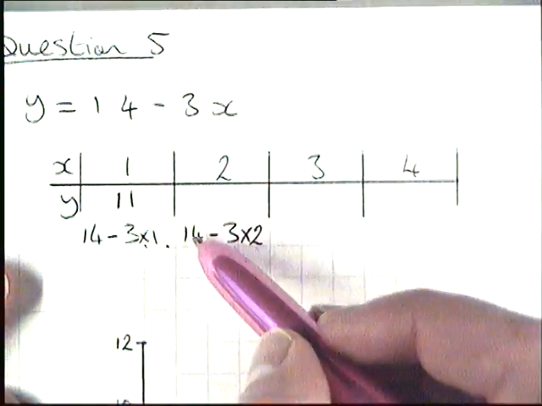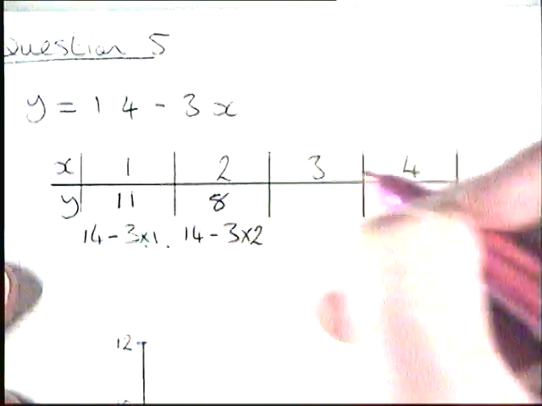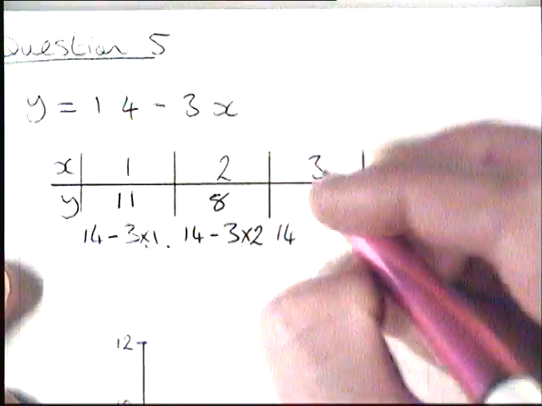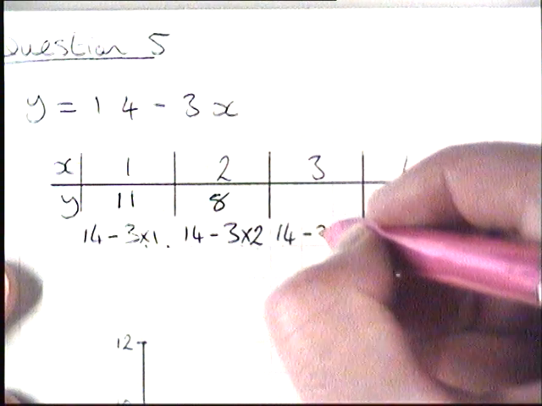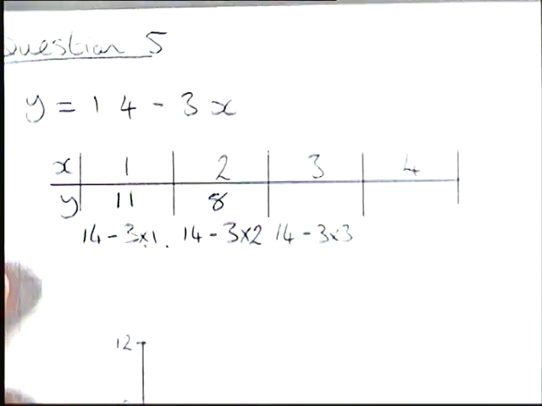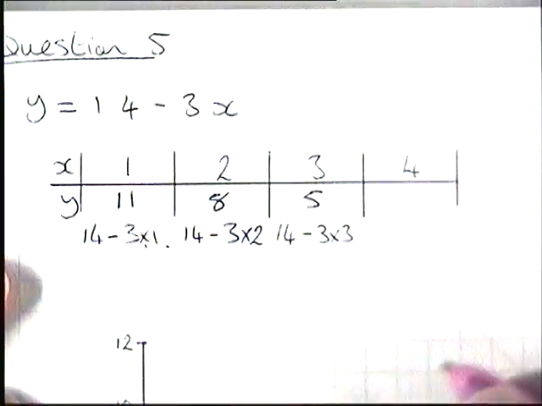So 3 times 2 is 6, 14 take away 6 leaves us with 8. Then we've got 14 minus 3 times 3, which is 9. So 14 take away 9 gives us 5.